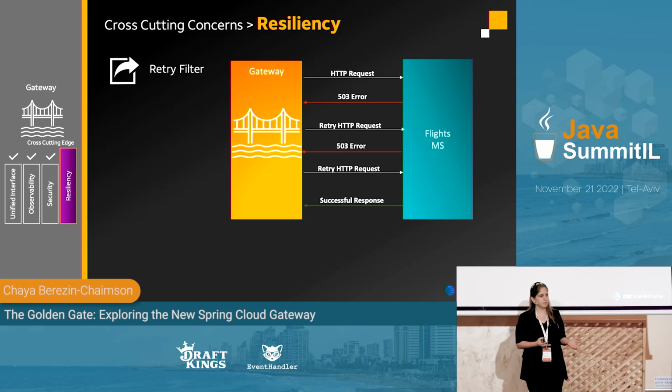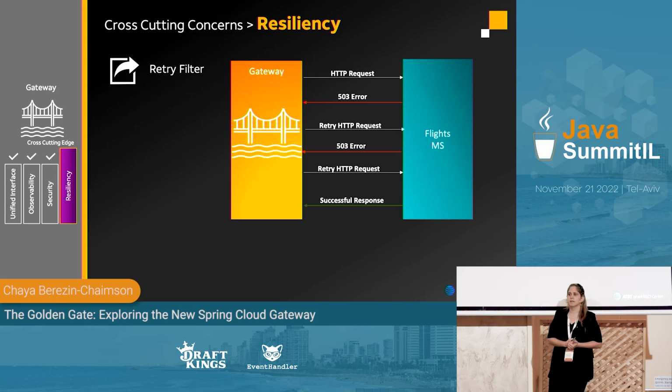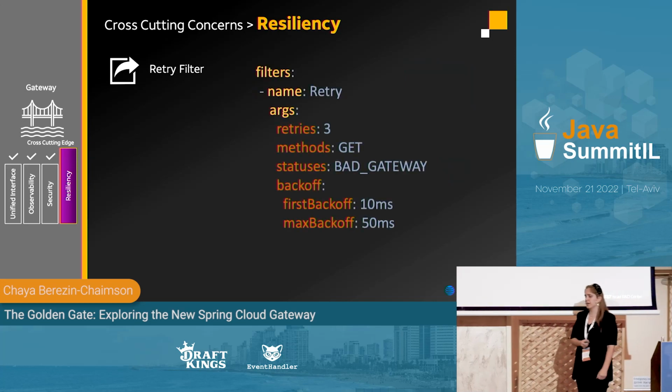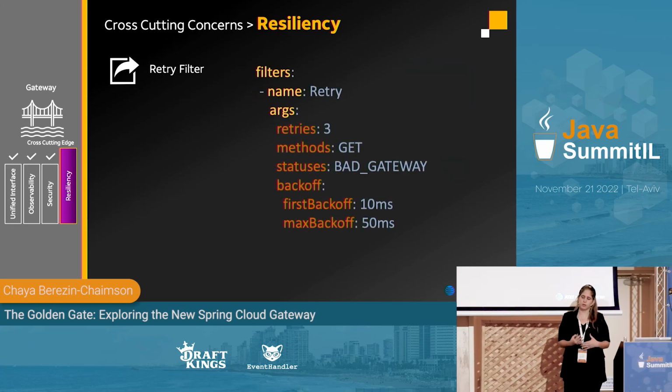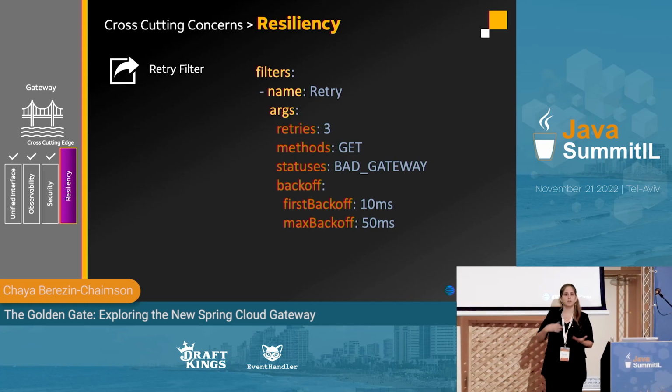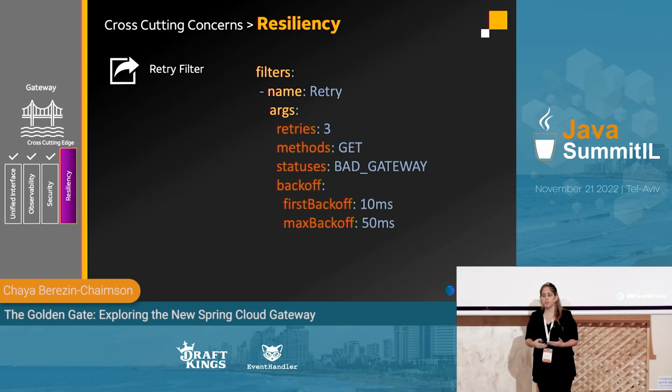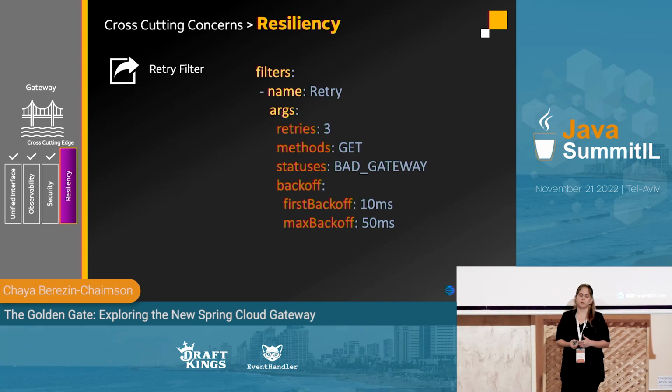And indeed, Spring Cloud Gateway provides an out-of-the-box filter called the retry filter that we can configure like this in the application YAML. And then we can configure how many retries we want to apply. We can configure on which requests we want to apply this retry pattern according to the HTTP method or according to the statuses of the responses.